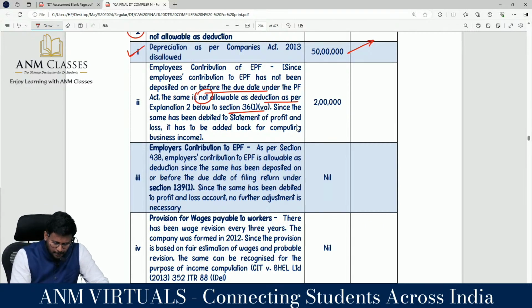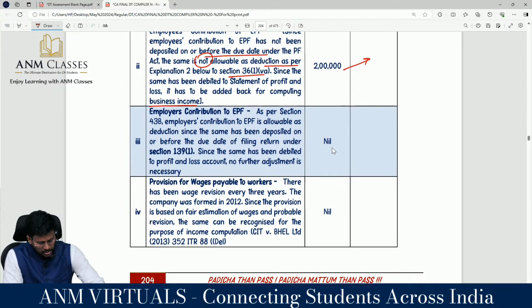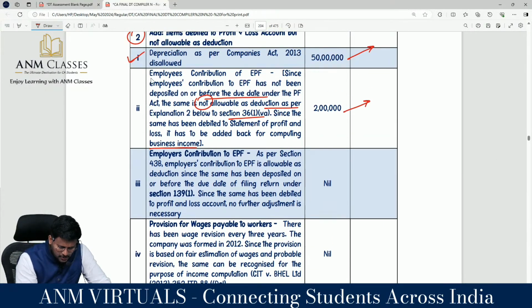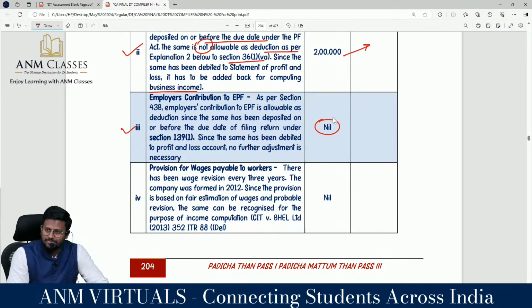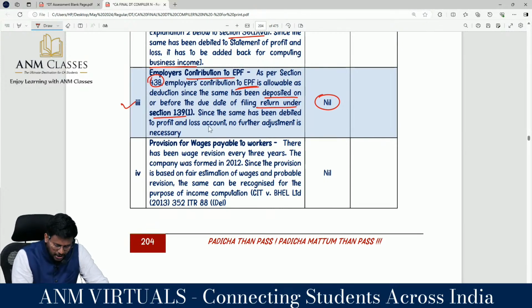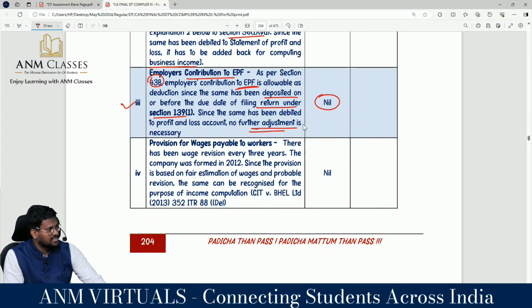Since the same has been debited to the statement of P&L, it has to be added back for computing business income. So how much have I added back? 2 lakh. Sir, every student will write this part in the examination, but they may write this and put a dash for the employer's contribution, which carries half or 1 mark. As per section 43B, employer's contribution to EPF is allowed as deduction since the same has been deposited on or before the due date for filing return under 139(1). Since the same has been debited to P&L, no further adjustment is necessary.